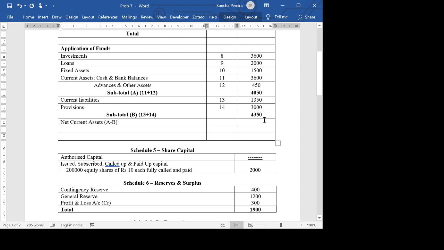Okay, now again I'm going to come to credits and debits. Current assets, this 11 plus 12, is cash and bank balances, advances and other assets. Basically, this total of 4050, 3600 and 450, is it a debit balance or a credit balance?